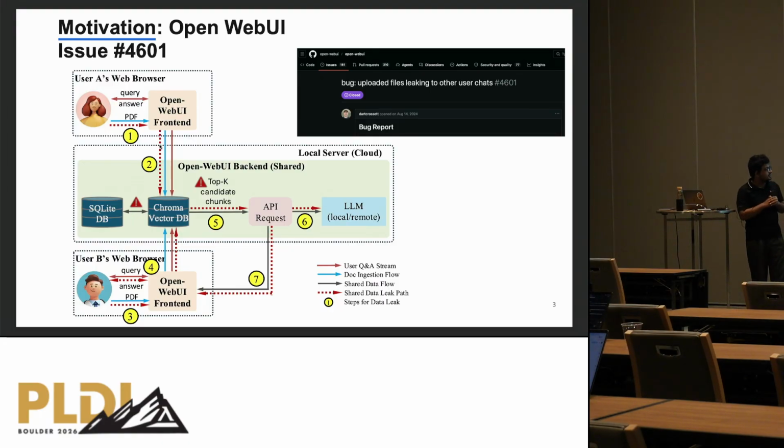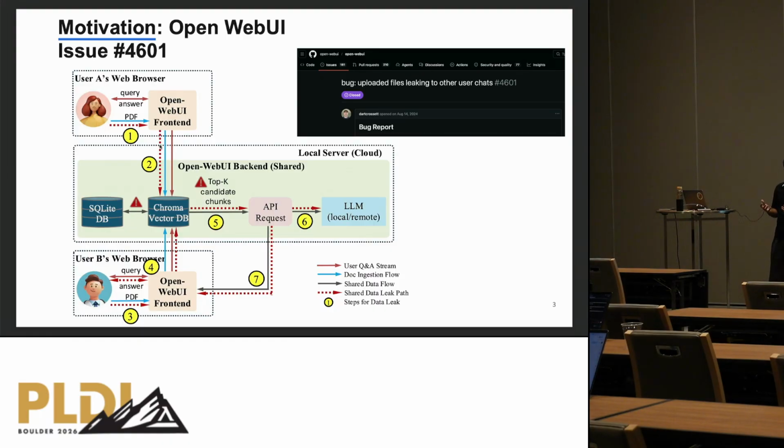After user B uploads their empty PDF to the chat interface and asks some questions, for example, get me a summary of the PDF, the request goes through the vector database.